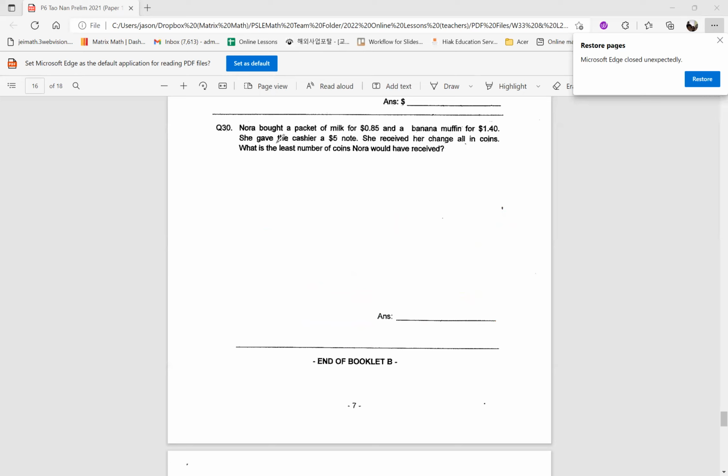If you want to guess, there must be a logical way of guessing. So the milk is 85 cents. The muffin is $1.40. So altogether, how much do you spend? You got to show this, everybody. In exams, even if you are guessing, you got to show how you guess the answer. You cannot just put an answer here and leave everything blank.